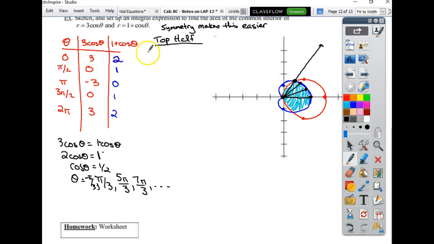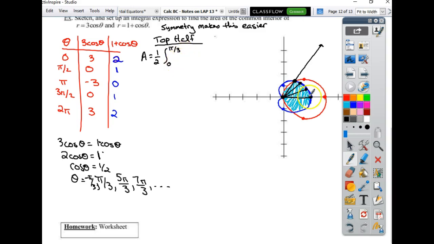So what I want to realize is that this area for the top half will be 1/2 the integral, right? And my first point is going to go from 0 to pi thirds. And from 0 to pi thirds, what is going to make this shape? The blue region, right?